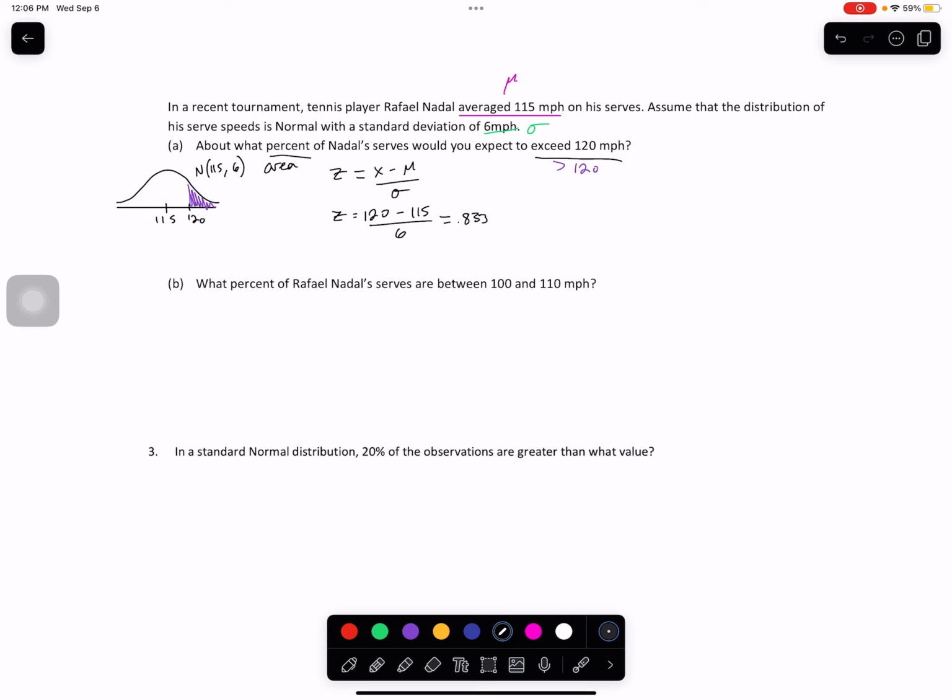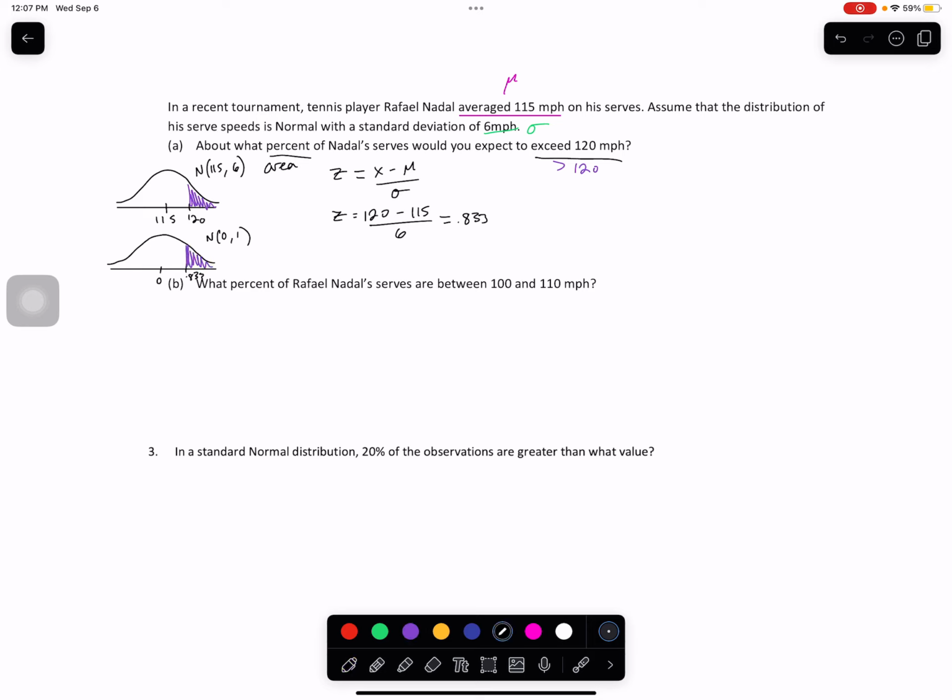This is saying 120 is 0.833 standard deviations away from the mean, essentially. I don't usually have you draw this one, but if it helps you, you can. What I have now done is standardize. So now my mean is 0, my standard deviation is 1. That means I'm looking for values that are larger than 0.833.